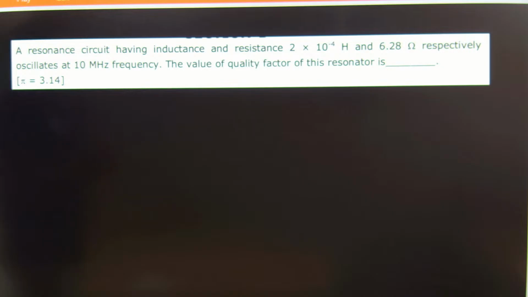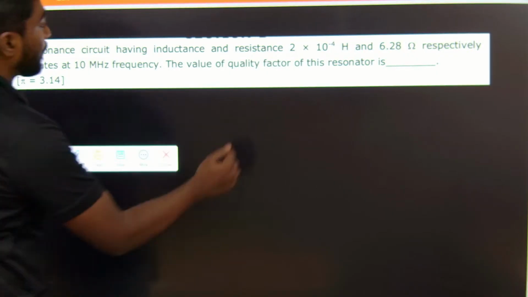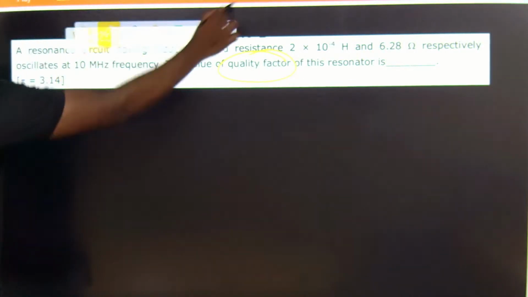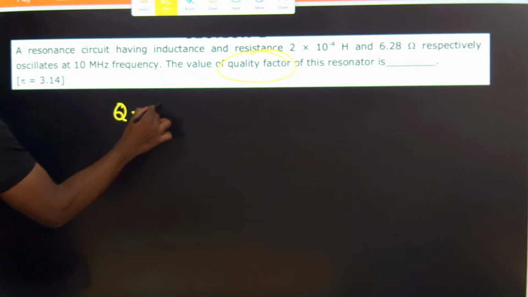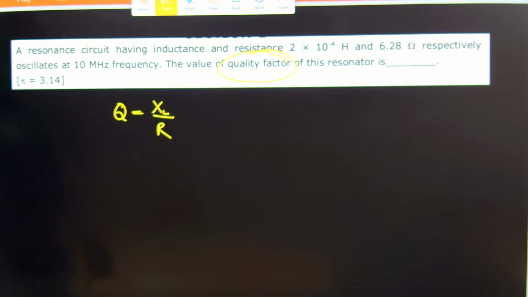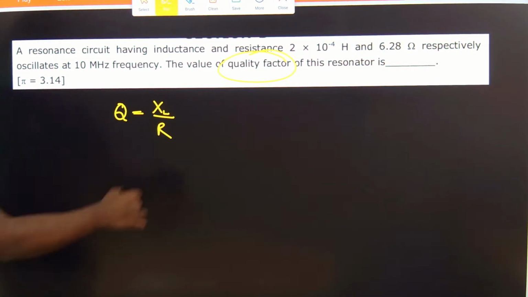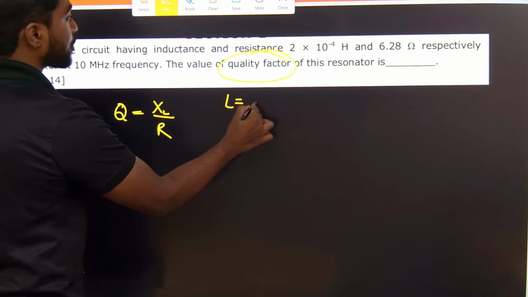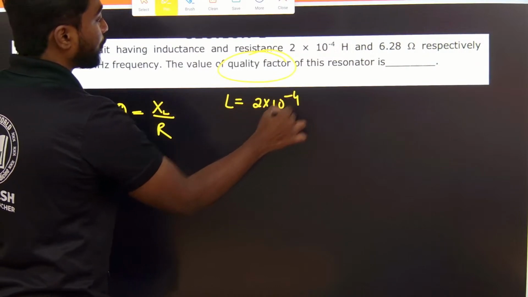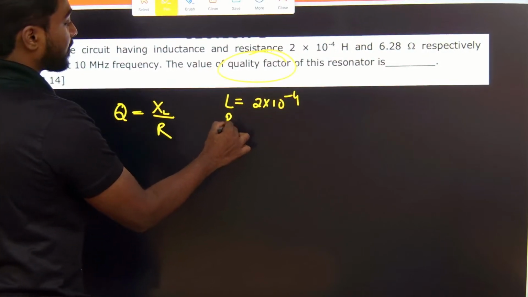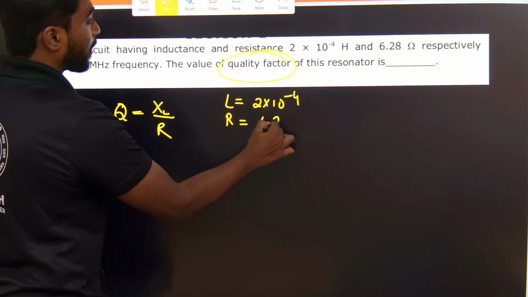The quality factor formula is Q equals X by R. I need to find the quality factor here. So Q is equal to X by R. Now I will write the given things. Inductance is given, L is equal to 2 into 10 power minus 4, and resistance is given, R is equal to 6.28.